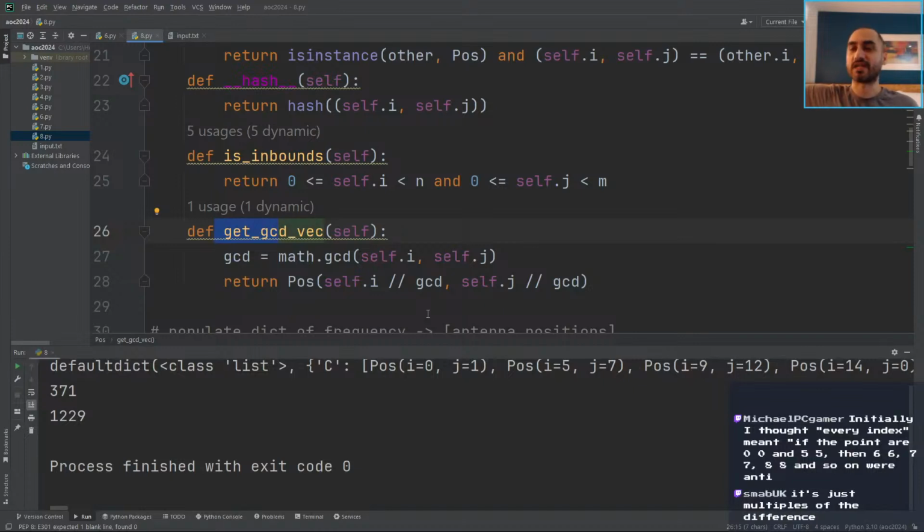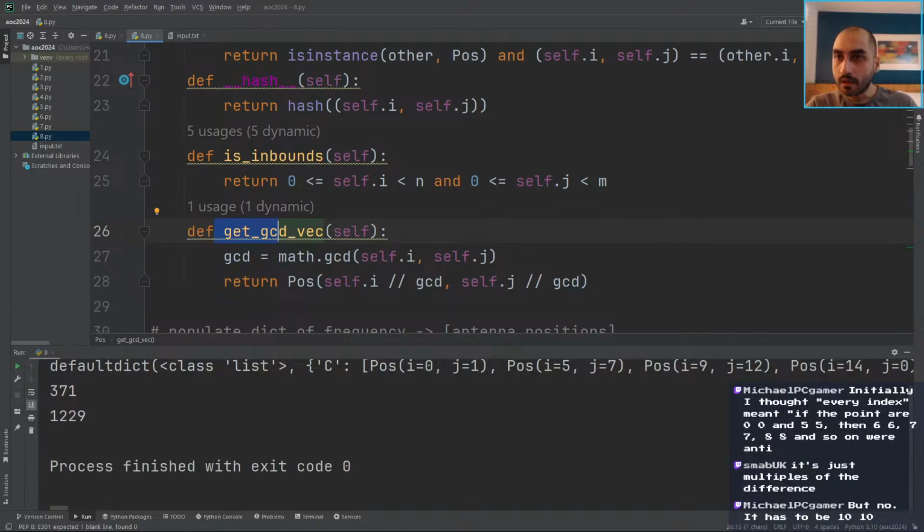That's still sort of vector algebra, but yeah. Initially, I thought every index meant if the points are 0, 0 and 5, 5, then 6, 6, 7, 7, 8, 8, and so on were antinodes.